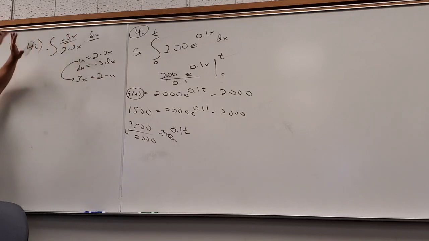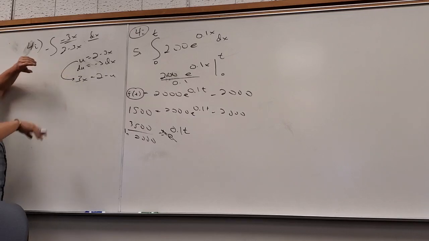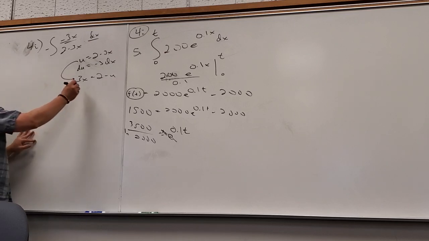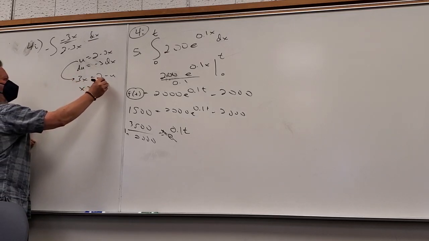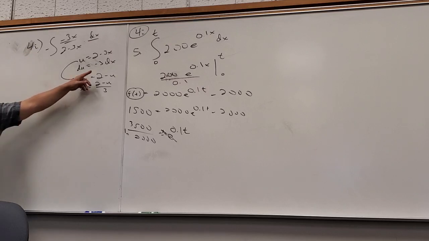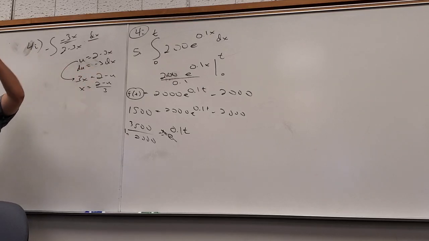Now let's see, there's a couple of weird things about this. Let's just solve for x. You could solve for 3x because there's a 3x in there, but don't I need a 3 for du, so you'd have to take care of all that? All right, let's just do it this way.